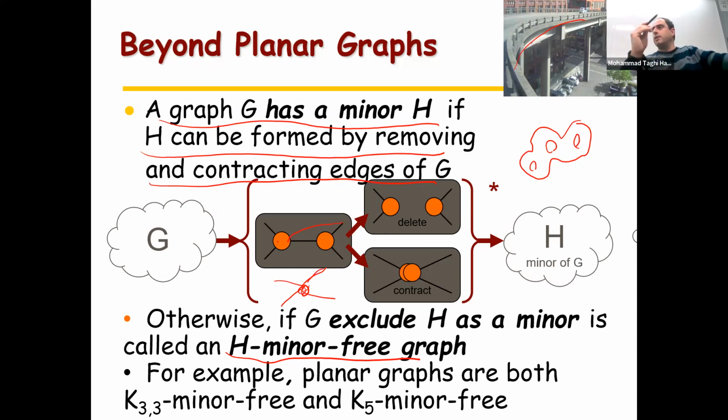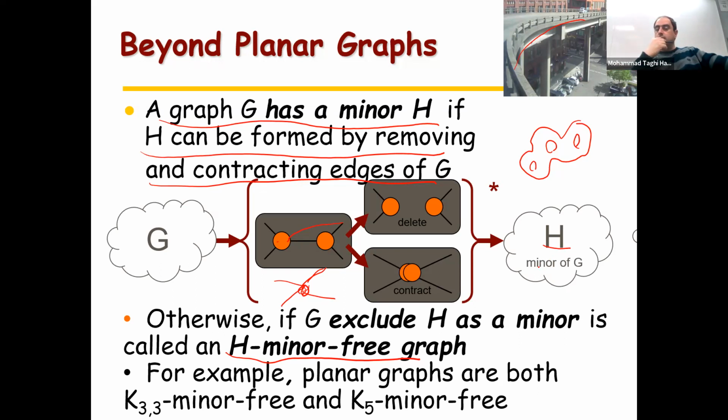And here, for now, we are talking about unweighted graphs. So if from G you can do this operation and get a graph H, then we will say that H is a minor of G. That's actually a very interesting thing, and there's a huge theorem by Robertson and Seymour that I will talk more about.